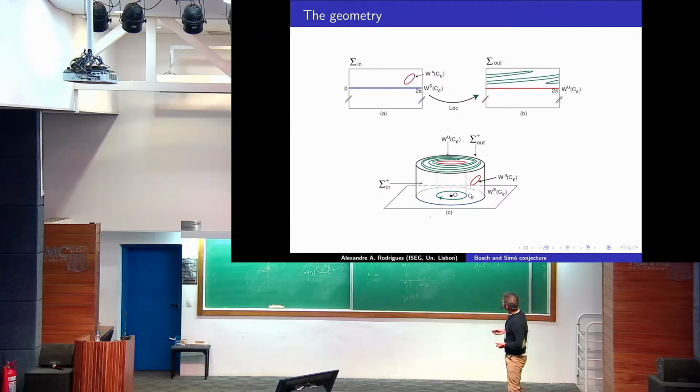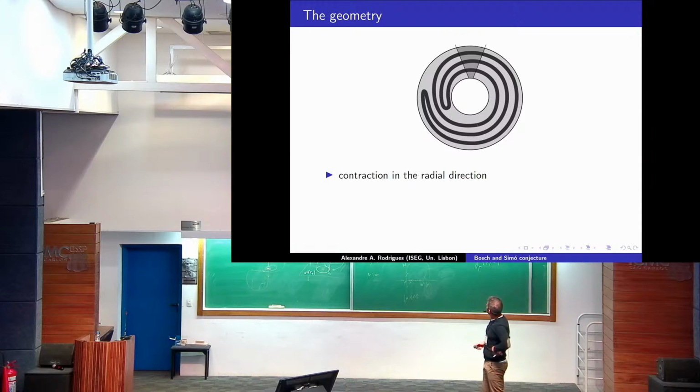So I have a contraction in one direction, and I have an expansion in the other direction, because when this curve is very close to the stable manifold, I have an expansion in the angular coordinates. So I have a contraction in the radial direction, and an expansion in the angular direction.